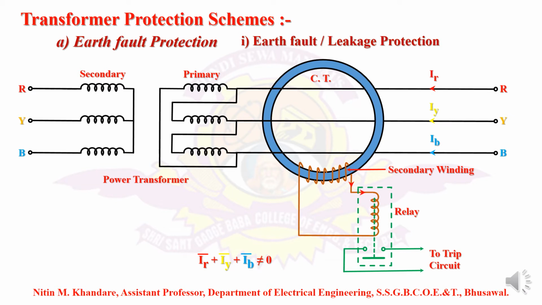We know that whenever a current is passed through any conductor, that current sets up its own magnetic field around that conductor. That's why the coil will get energized. Then the plunger will be pulled, the trip circuit will get closed, and this transformer is disconnected from the supply. In this manner the earth fault protection operates.